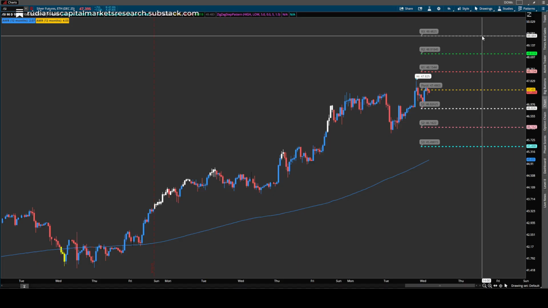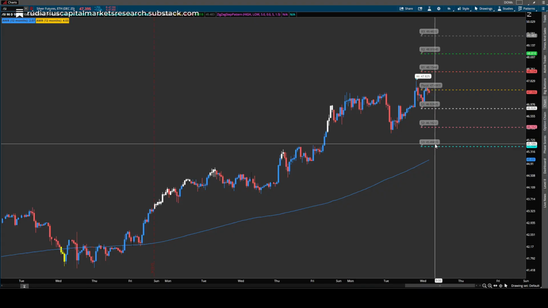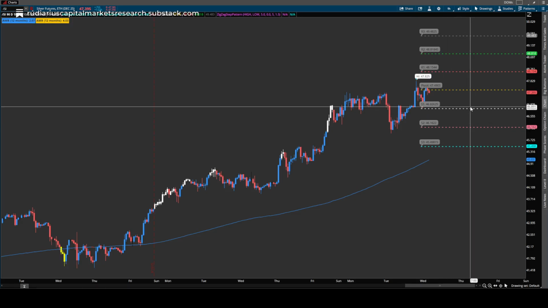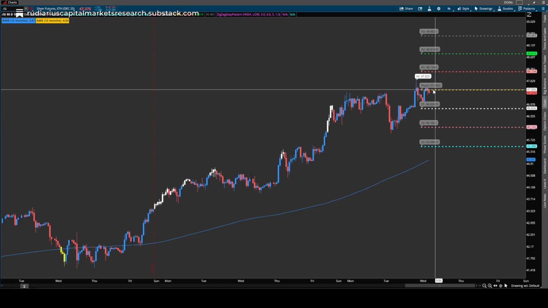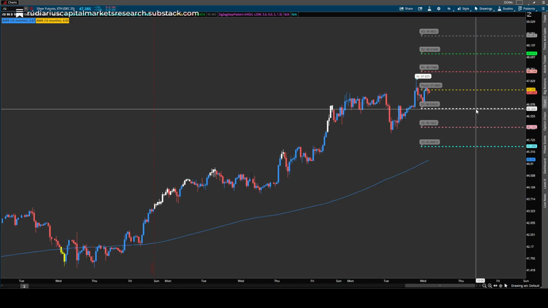Top resistance is 49.48. Bottom support 45.50. Each level between, the distance is about 67 cents. Every 67 cents, you should see some sort of concentration of volume.